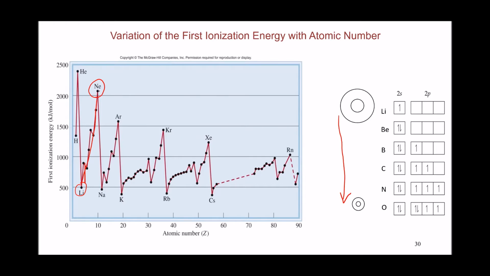And in fact, all the noble gases are extremely difficult to ionize. And that's explaining why they actually don't react in any chemical reaction, because it's so difficult to ionize them. It requires much, much more energy to ionize them. And that's actually an indirect measure of the stability of the electronic configuration, right?